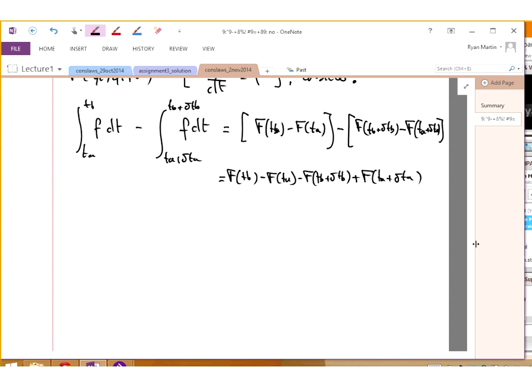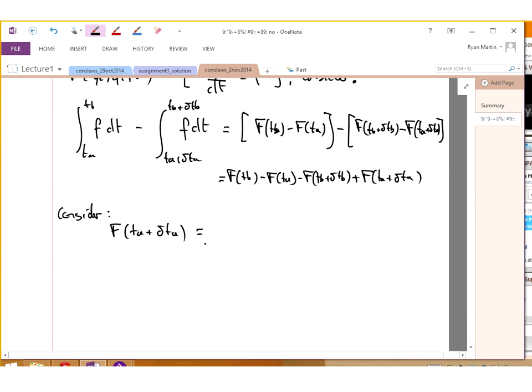All right. So consider now one of these terms. So consider, for example, capital F evaluated at Ta plus delta Ta. So we can write that as a Taylor series.